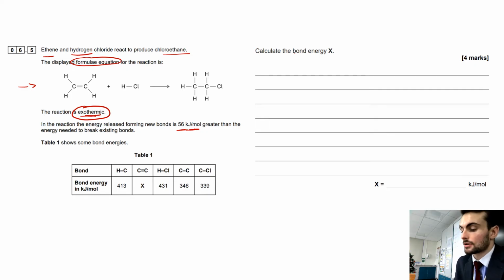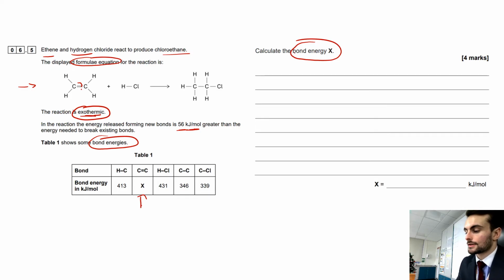So there's a few ways you can do this. It talks about giving you some bond energies, and you are calculating the bond energy X, which is the C double bond C, which is this one. So we don't know what the bond energy for that one is, and we're trying to work that out. There are a few ways to do this, but I will talk you through how I would do it. So we're trying to work out what X is.